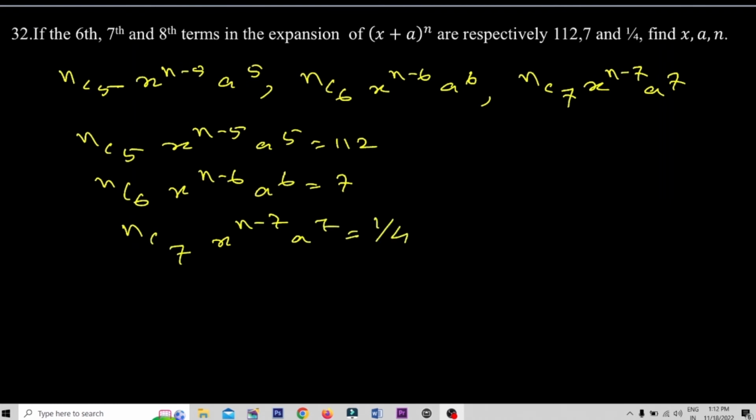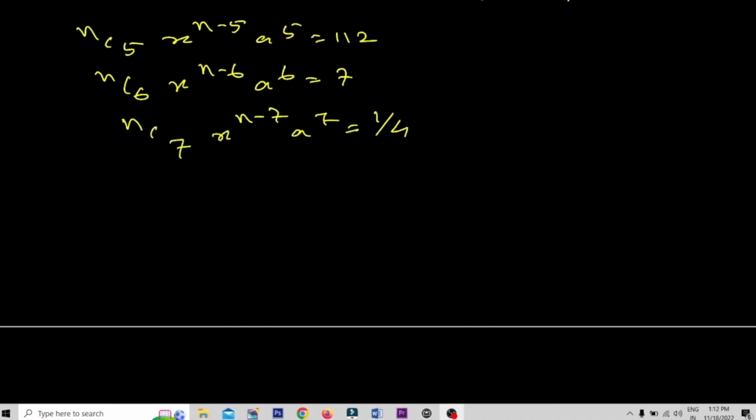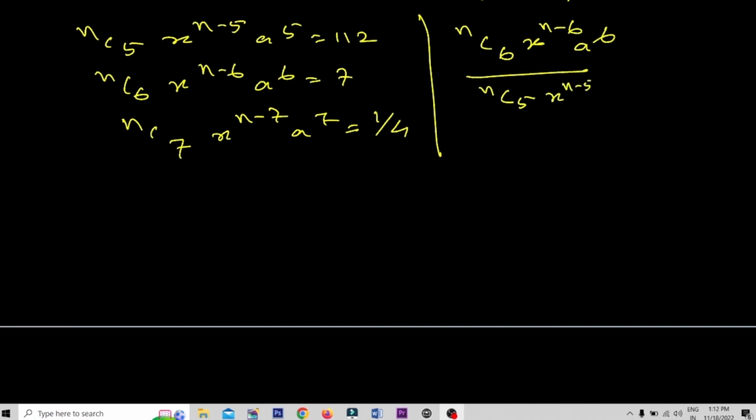So if we divide first and second, we are getting some values. nC6 x to the power n minus 6, a to the power 6 divided by nC5 x to the power n minus 5, a to the power 5 equal to 7 by 112.